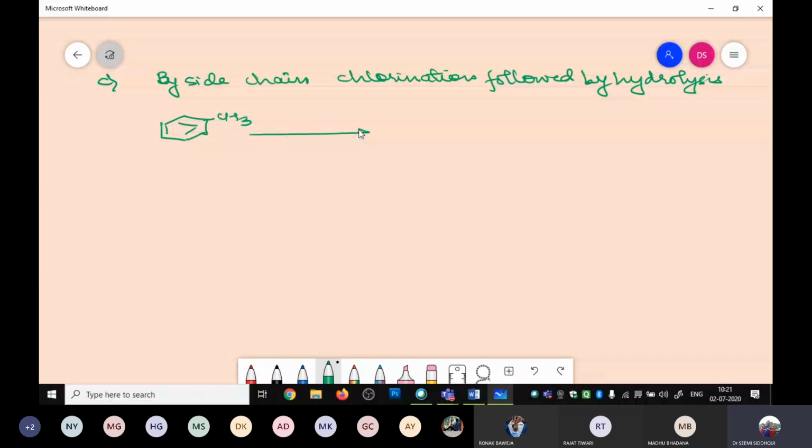This toluene undergoes a chlorination. It is done in the presence of ultraviolet light, and it is going to replace one hydrogen. Means in place of CH3, what will come, CH2Cl, sorry, it will be CHCl2.